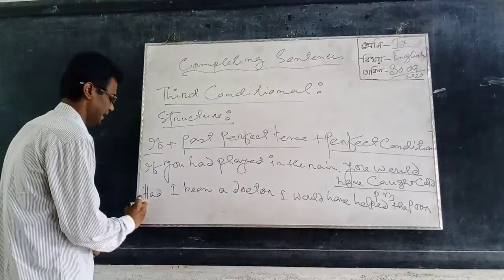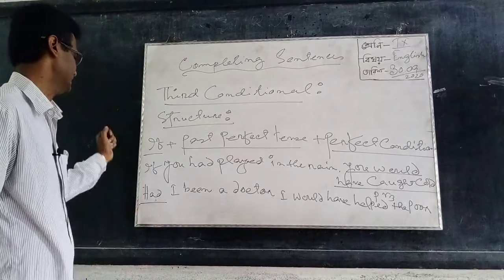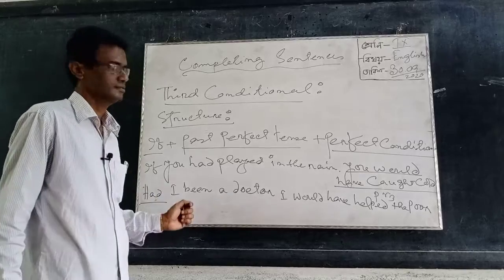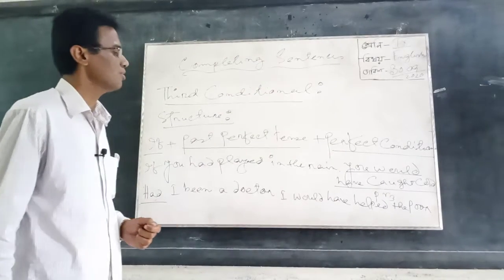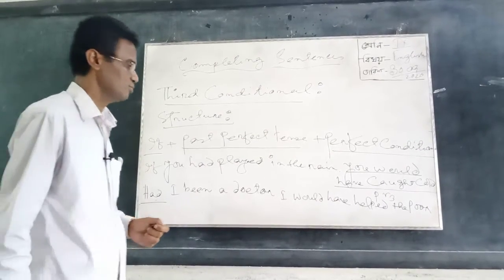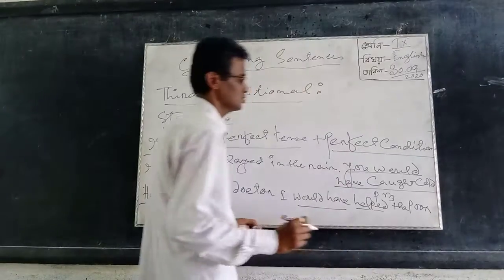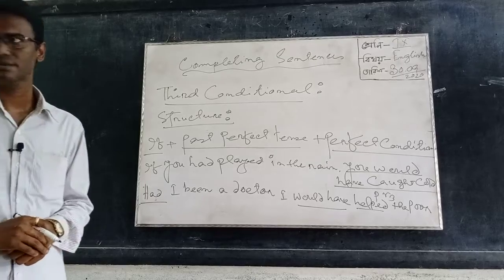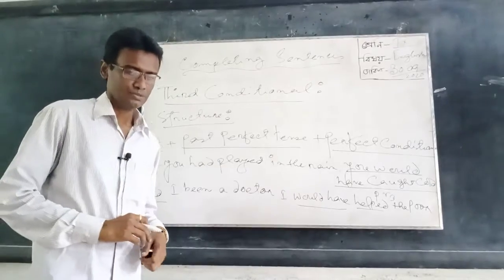Here had replaces if, next past perfect, and in the next clause we have to complete the sentence: would have and next PB3. So this is called the third conditional.